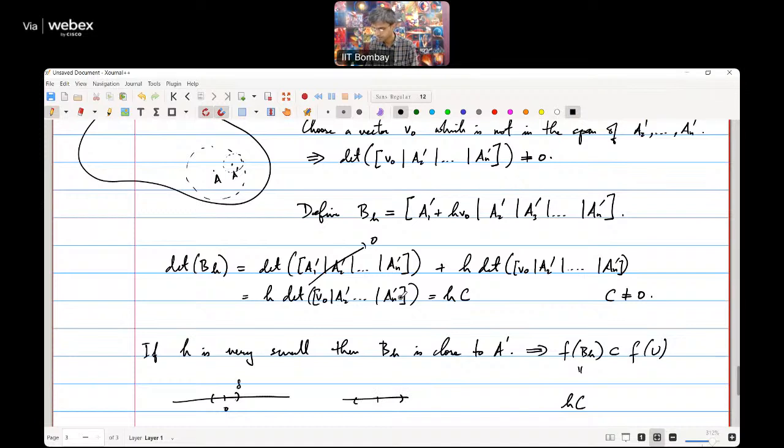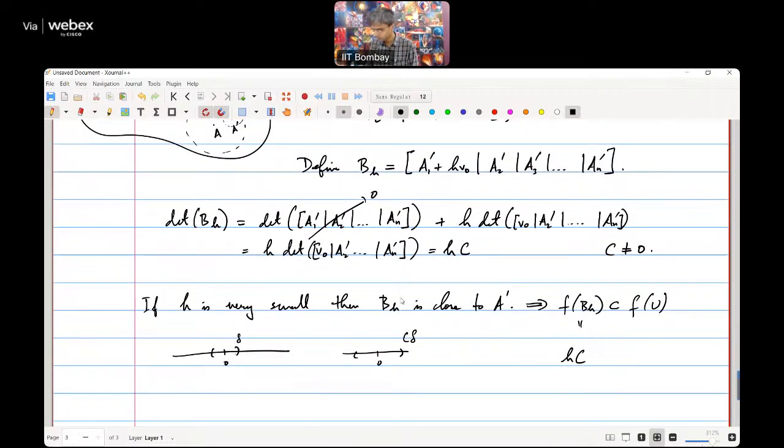If H varies in this delta neighborhood of 0, then f of BH will vary in this C delta neighborhood of 0. So once again, this implies that f of U contains a small neighborhood of 0, which is equal to f of A.